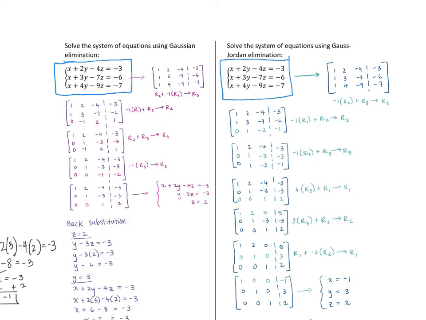On the first side, though, they just use Gaussian elimination, which means the goal is those diagonals with the zeros below, but then it could be any number inside. Now, on the second column, they used Gauss-Jordan elimination. That means they're going to go further. So they have their diagonal of ones, the zeros below, but they also get zeros above. So again, that's Gaussian, Gauss-Jordan elimination. So you should take a minute, again, read through these and try and make sense of it.